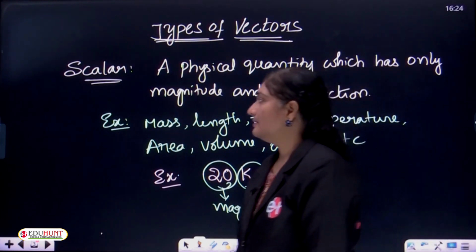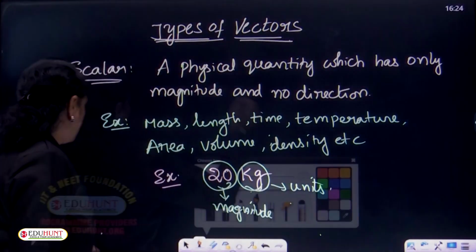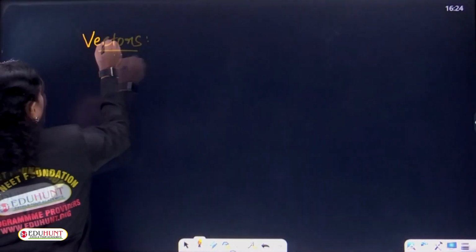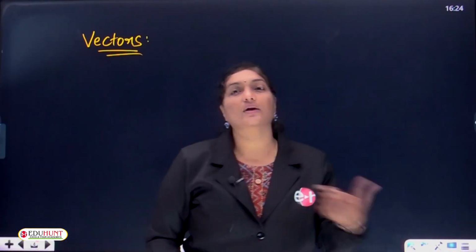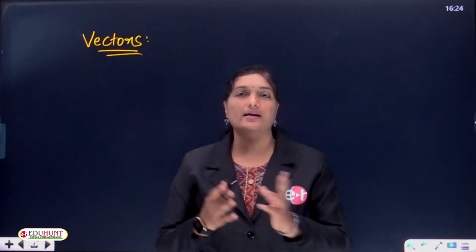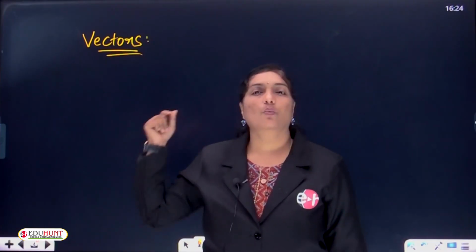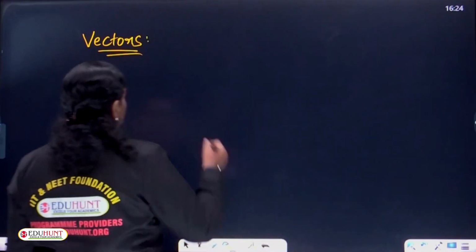Now let us discuss in detail the next one, that is vectors. Any physical quantity which has both magnitude as well as direction is called a vector. I repeat, a physical quantity which has both magnitude as well as direction is called a vector quantity, or simply a vector. Let me write the definition.